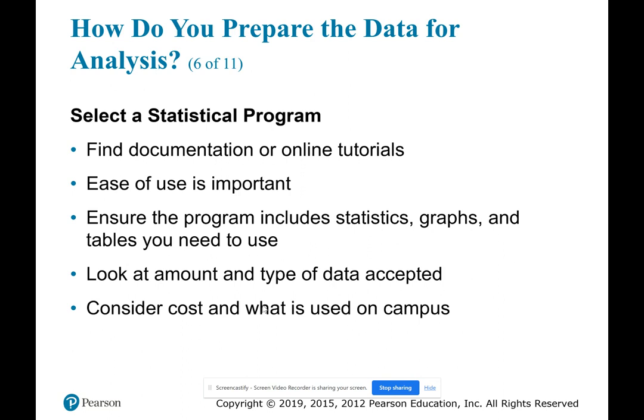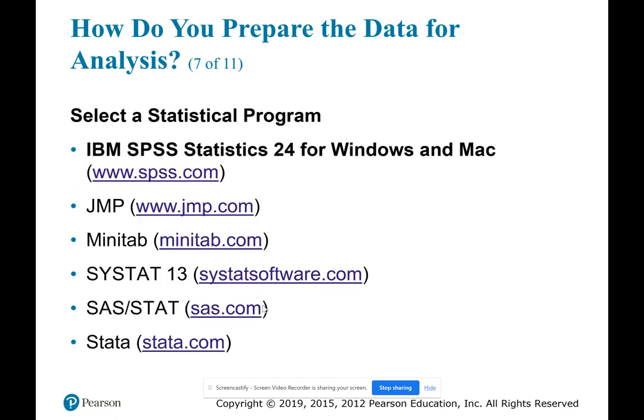Number 5, be sure it fits in your budget, because not all of these programs are free. They do have discounts for grad students, so you could look for that. And we'll talk about one in particular in a minute. Number 6, use something your campus uses. You can always see what your campus uses and then use that because they'd be familiar with it.